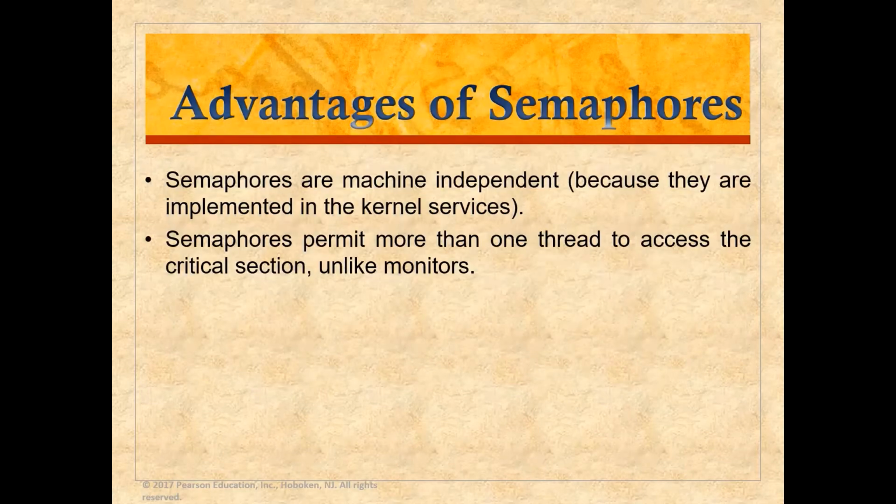Let's compare what we have in semaphore and monitor. Semaphores are machine independent because they are implemented in the kernel services, where interruption and everything is managed by the kernel. Semaphores also permit more than one thread to access the critical section, because we have more than one semaphore scattered across the whole source code.